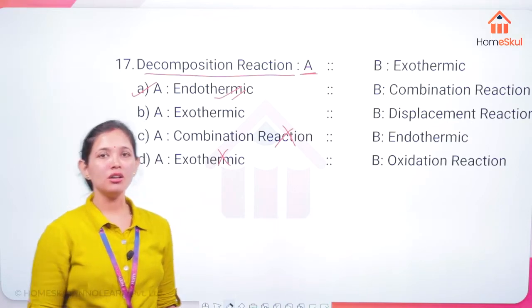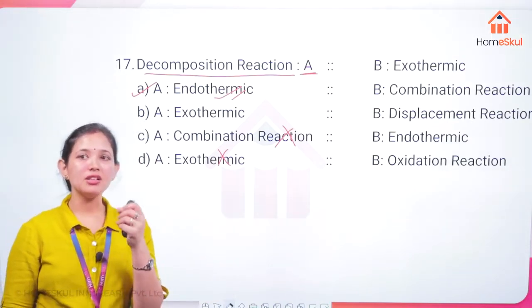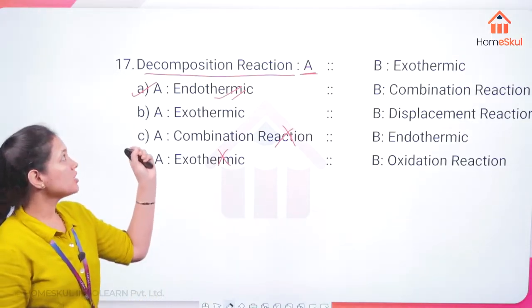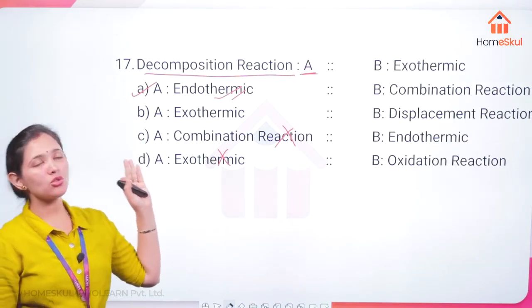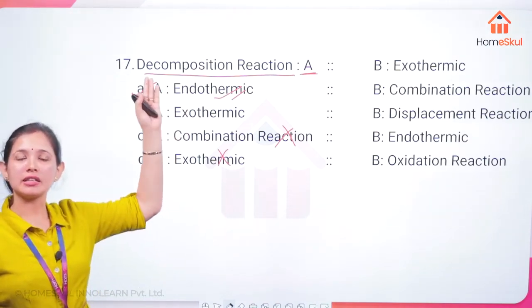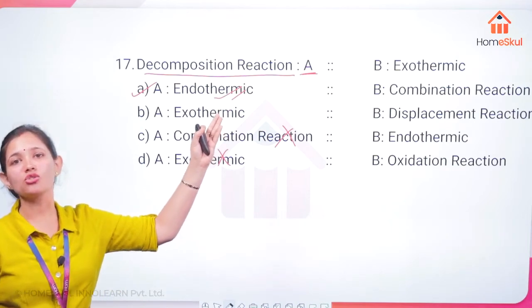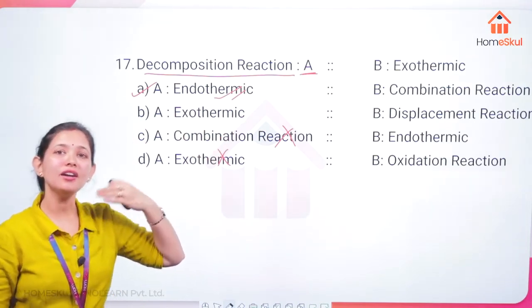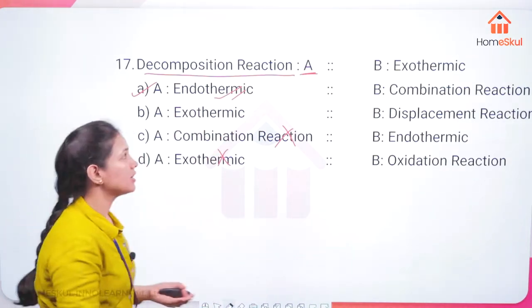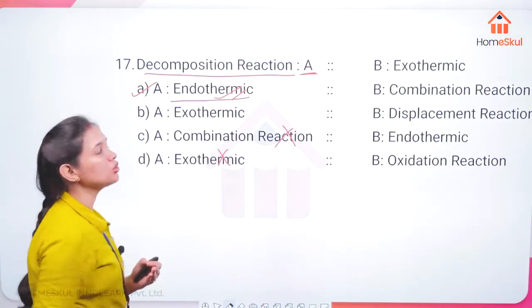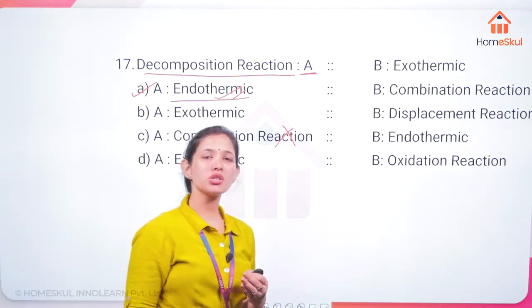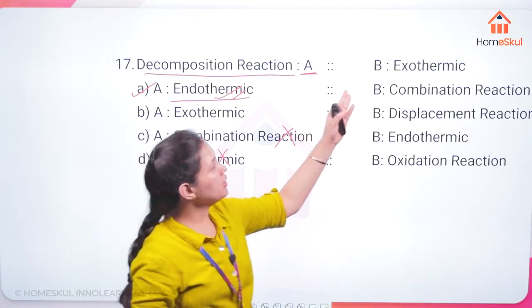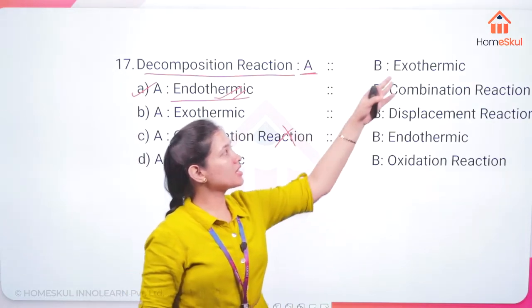Among all the decomposition reactions we have studied till now, we can't generally make that statement for all of them. But reactions like decomposition reactions use energy for the decomposition to take place, and that reaction is going to be endothermic. So decomposition reactions are endothermic, and here B is exothermic.